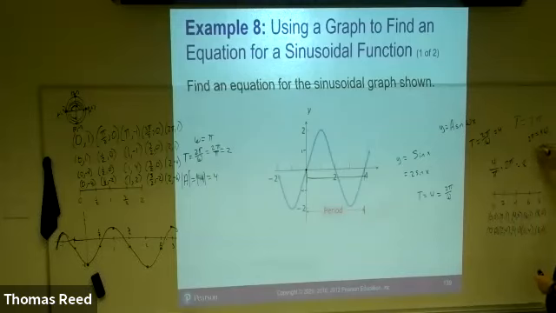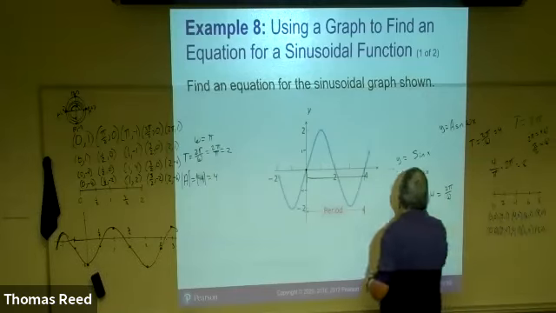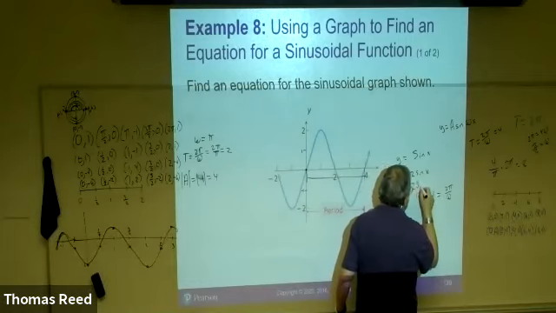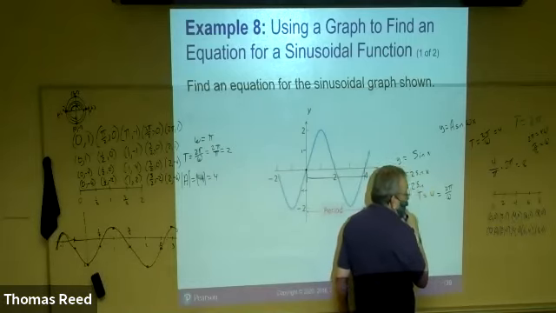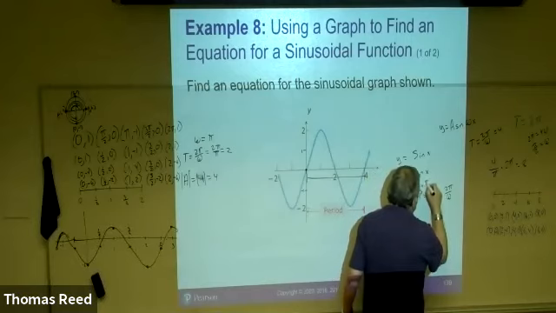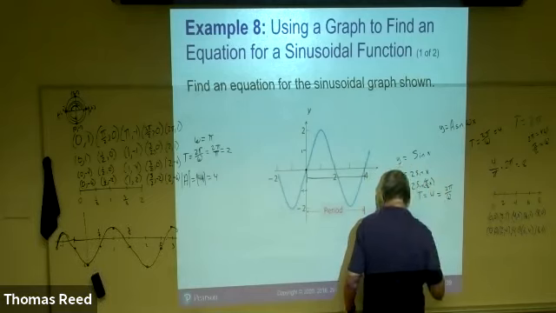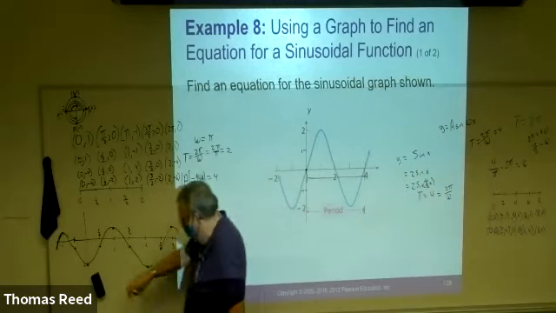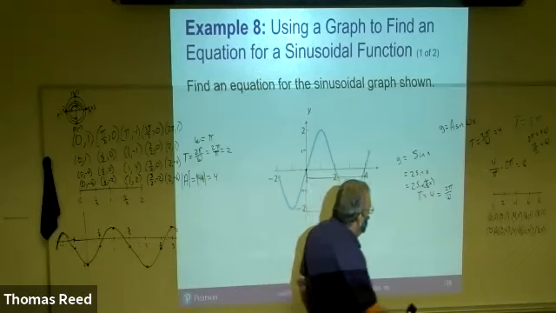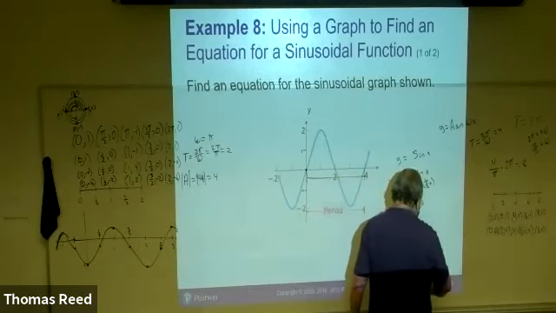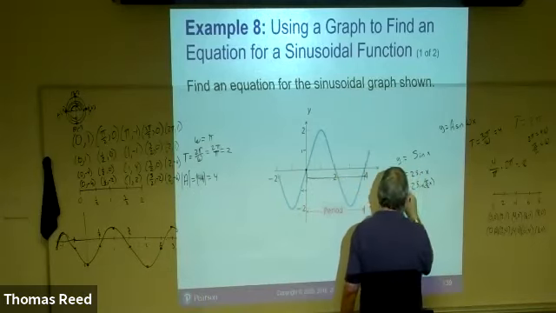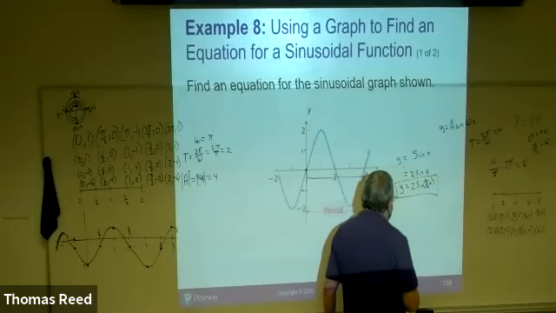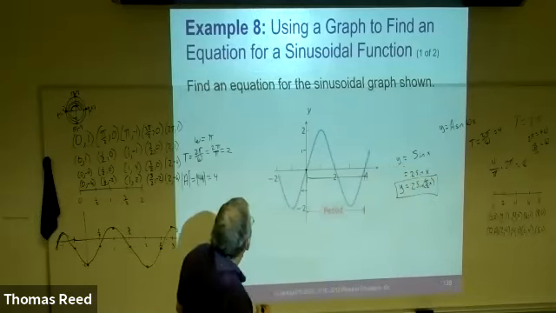Dividing by 4, I get pi halves equals omega. So this is going to be 2 sine pi halves x. So that's my function.